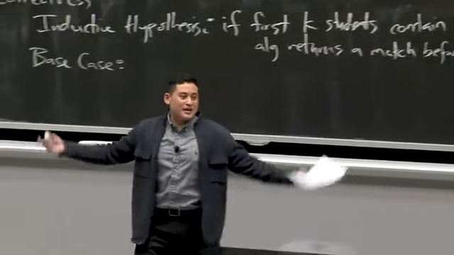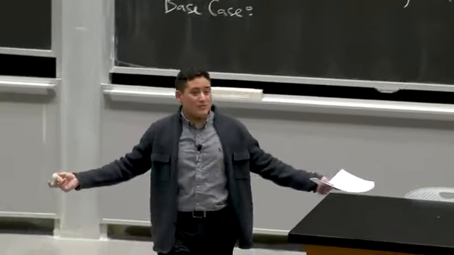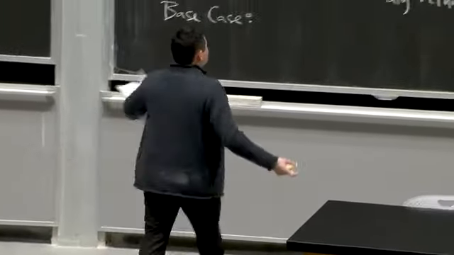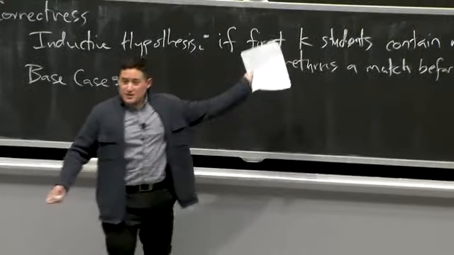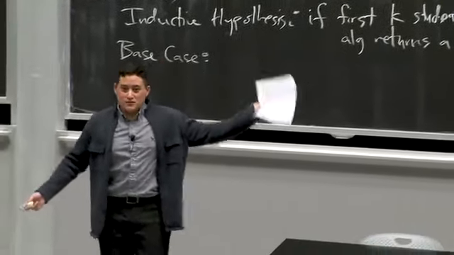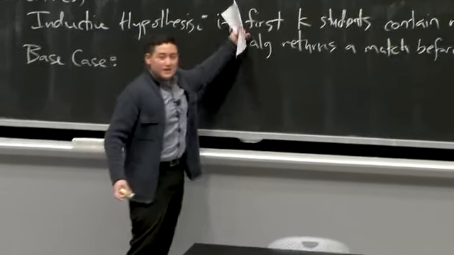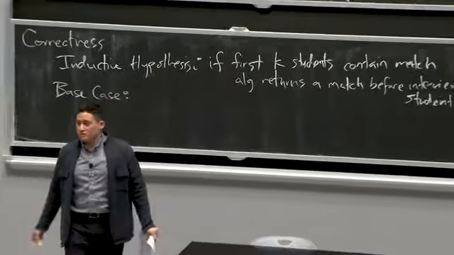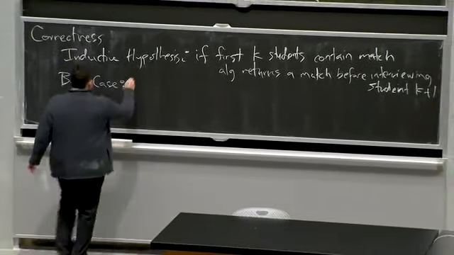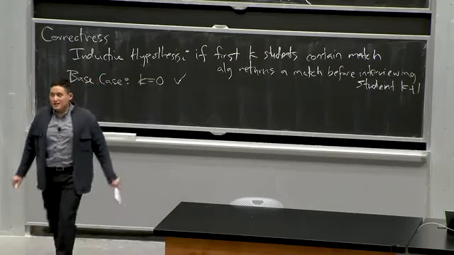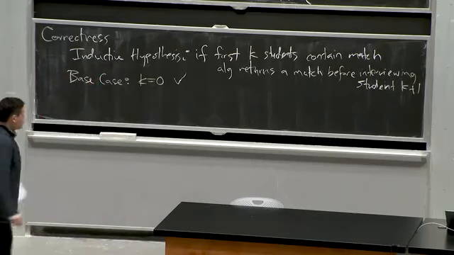Certainly the first 0 can't have a match, and so this inductive hypothesis is true just because this initial predicate is false. So I can say, base case 0, check. Definitely this predicate holds for that.